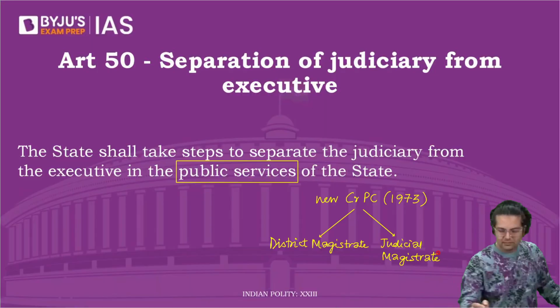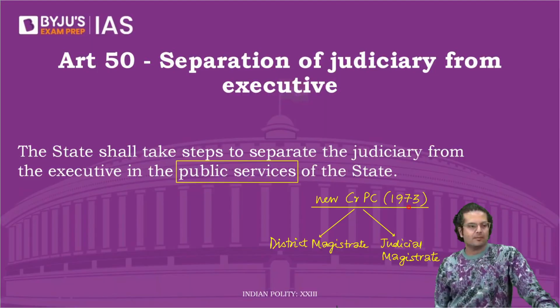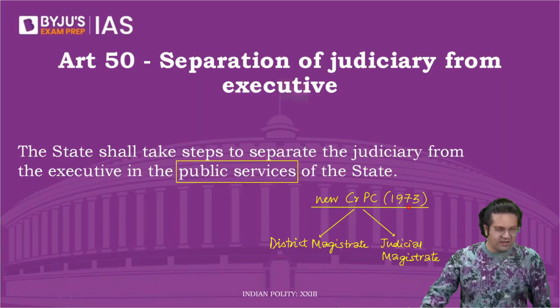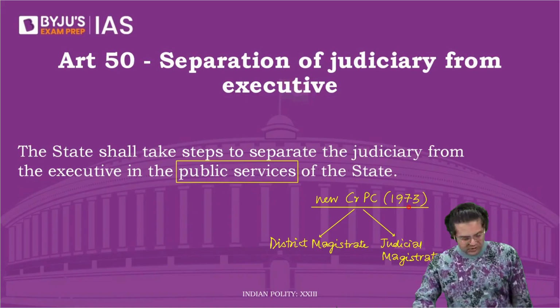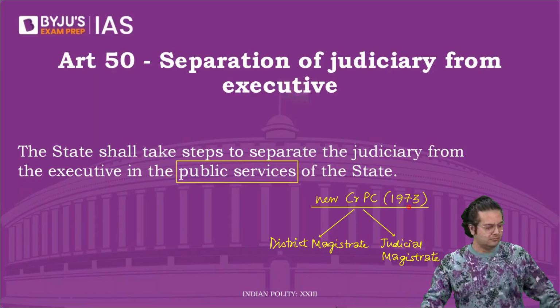Just a minute, guys. Villagers were sitting and suddenly somebody came running and said, CM is coming in our village tomorrow. And the villagers looked up and said, CM, not the DM. No problem.